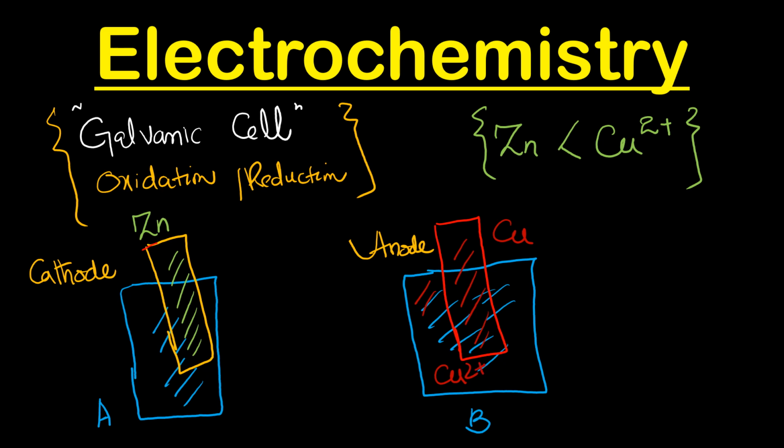So the copper has a higher pull as compared to the zinc.